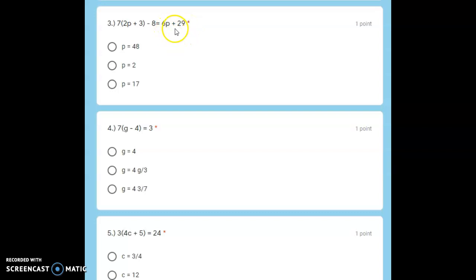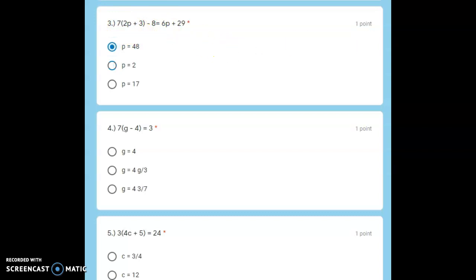So you would need to figure out what you're going to do with a positive 6p and a positive 14p. So you would want to decide if you want to do minus 6p, which is probably what I would do, or if you would want to do a minus 14p, which I like to work with the smaller number from the bigger number. So I would do minus 6p on both sides, and I would minus the 6p from your 14p.